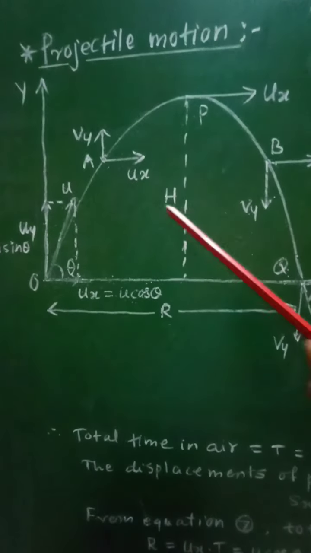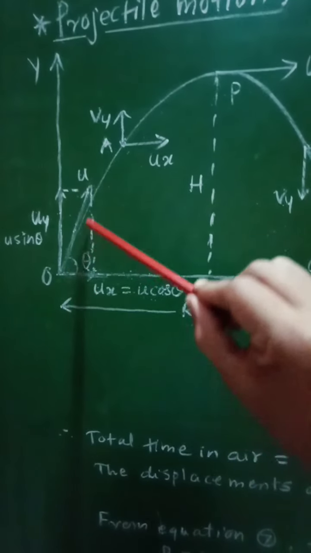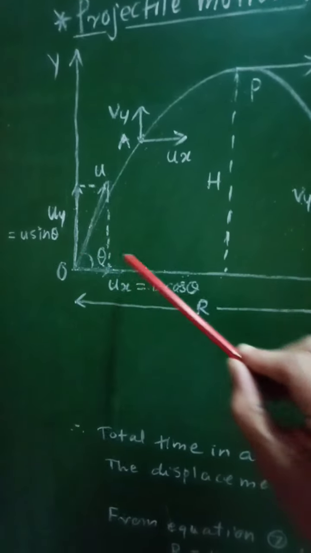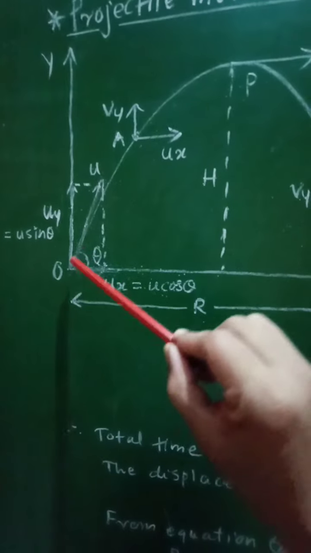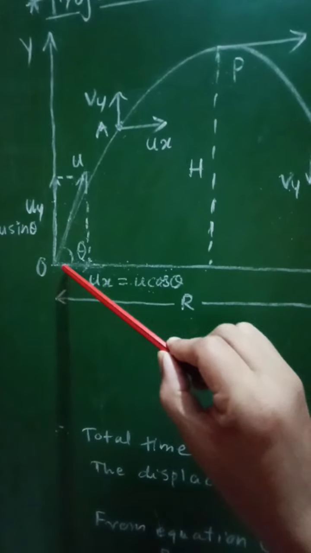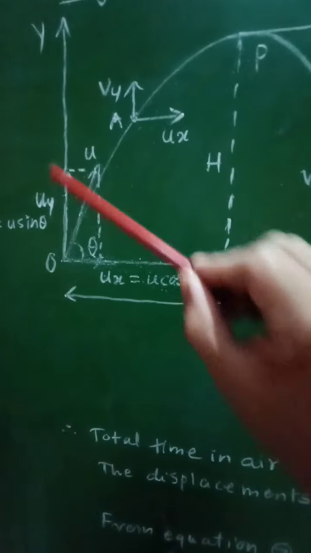Therefore, if this u is the vector which lies in the xy plane, we can resolve it into two perpendicular components as ux and uy.